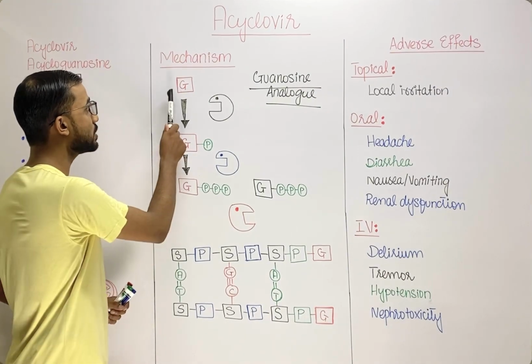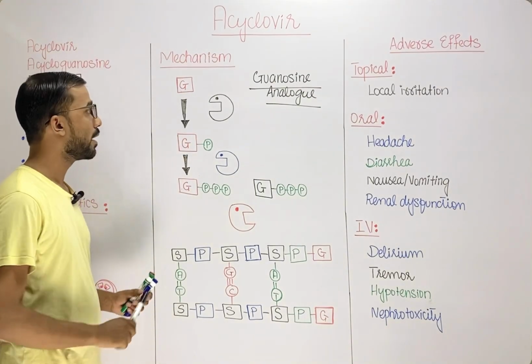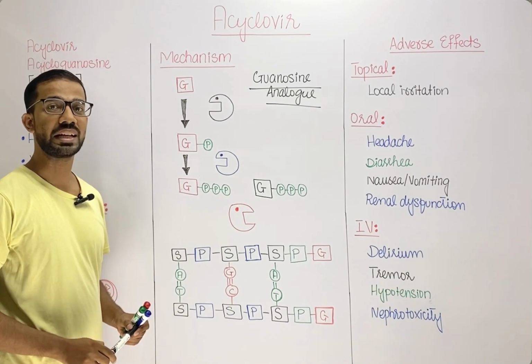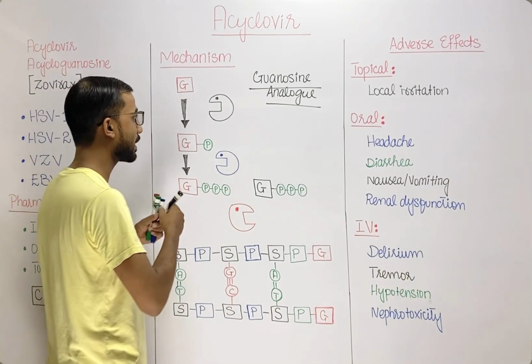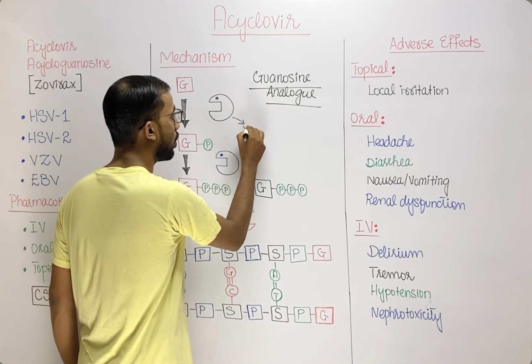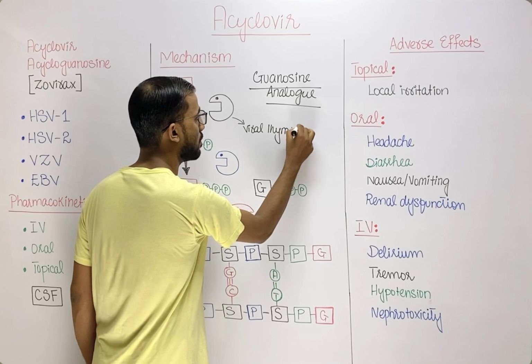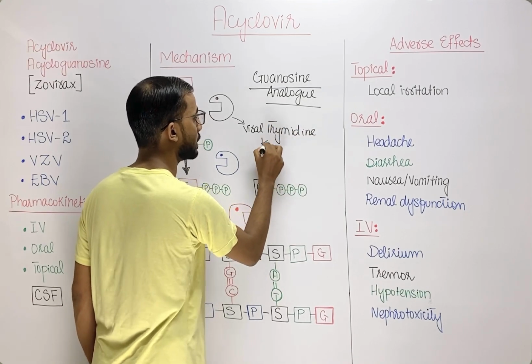First of all, this drug acyclovir is converted into the monophosphate acyclovir with the help of an enzyme, and that enzyme is the viral thymidine kinase.